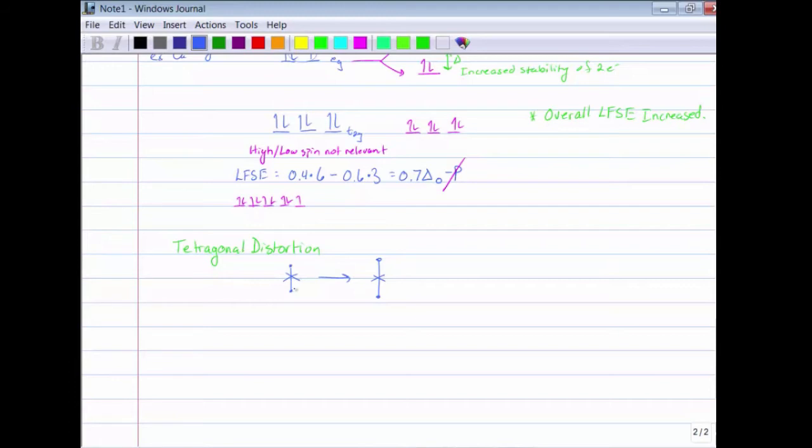This is elongating along the z-axis. What this will do is decrease the ligand interaction with a certain set of orbitals. I'm going to decrease the ligand interaction with anything that's in the z-axis. And so those things are going to be the dz squared, the dxz, and the dyz.